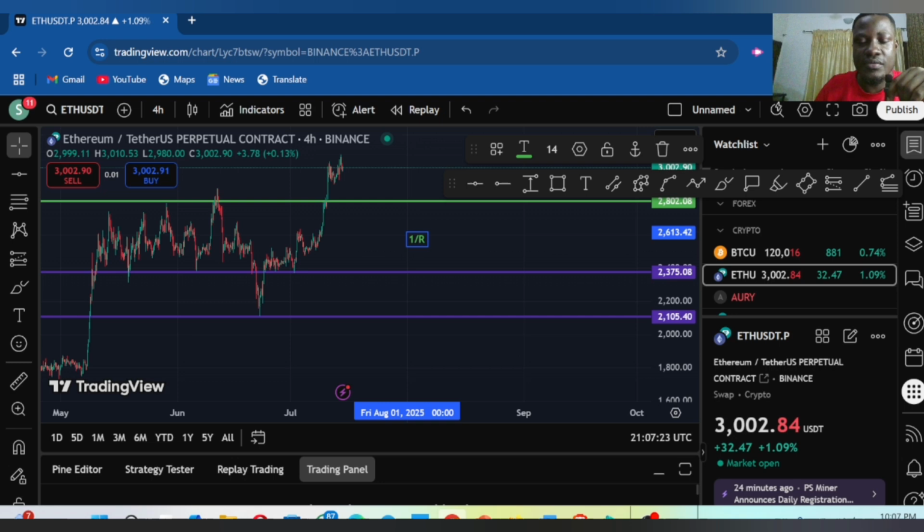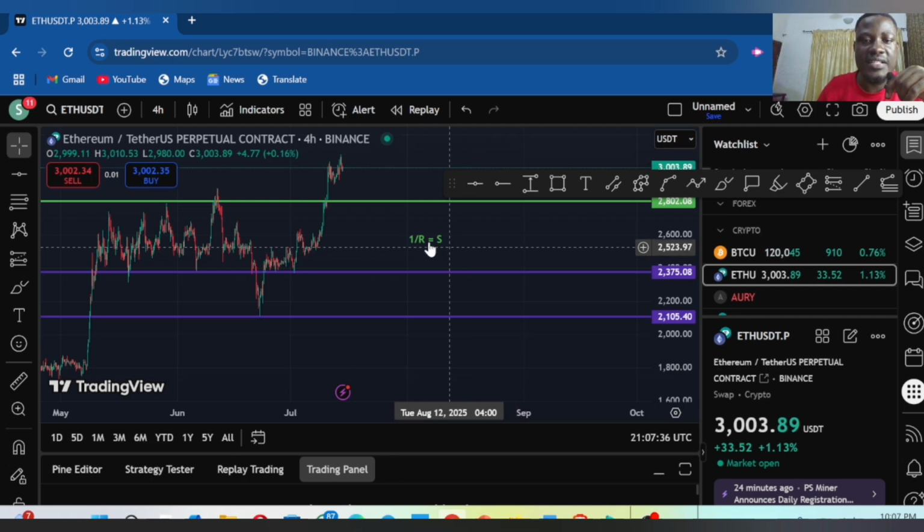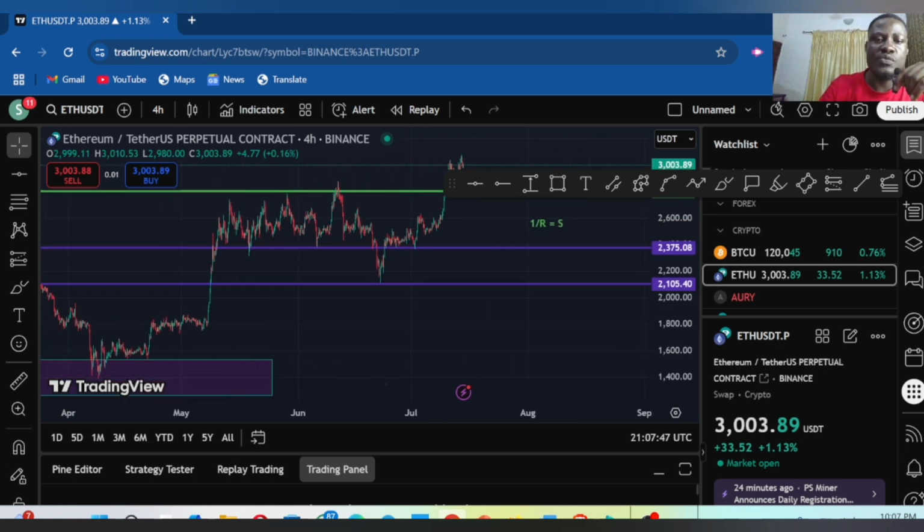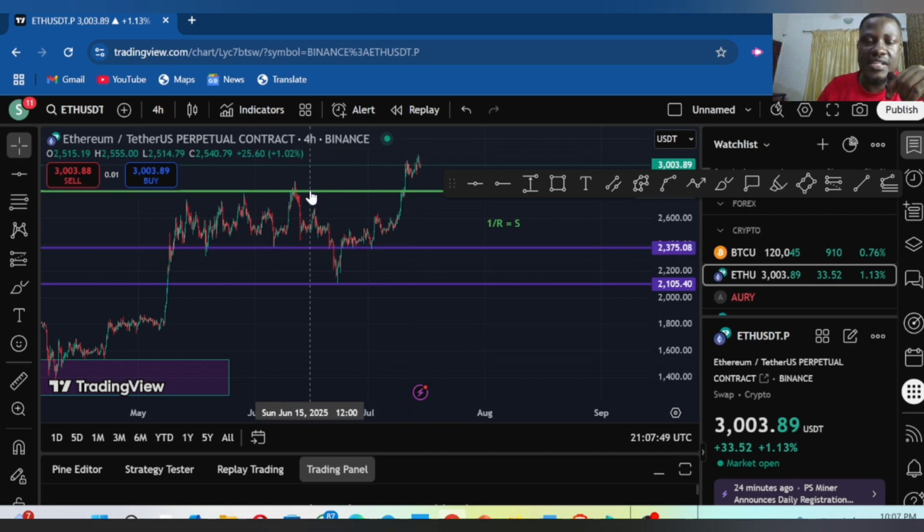All right, so this r is resistance, 1 over r is equal to s. All right, so this s is a support zone. Which means that anytime resistance is broken, it becomes what? Support. Anytime support is broken, it becomes what? Resistance.